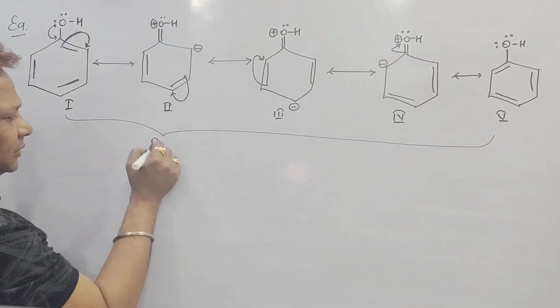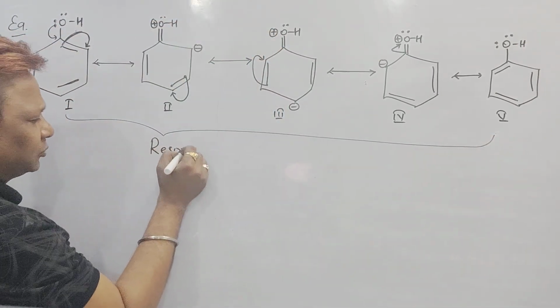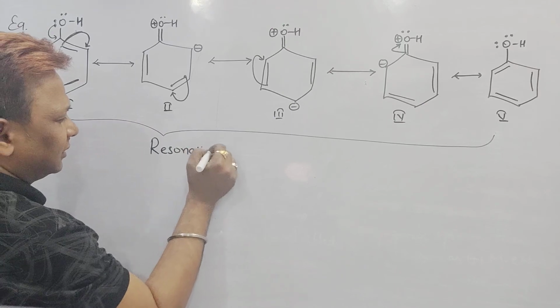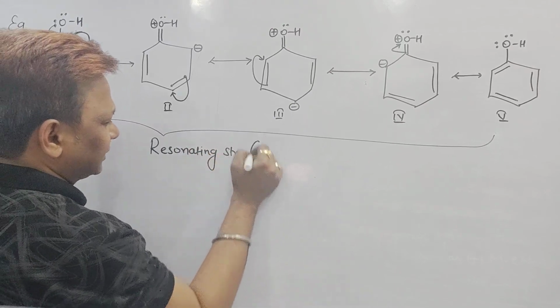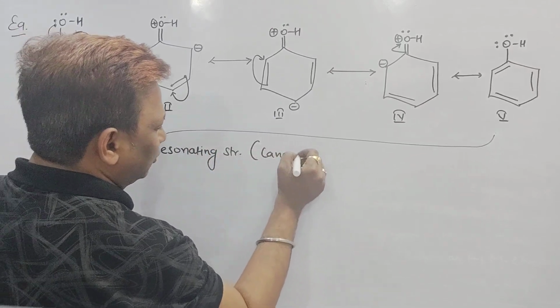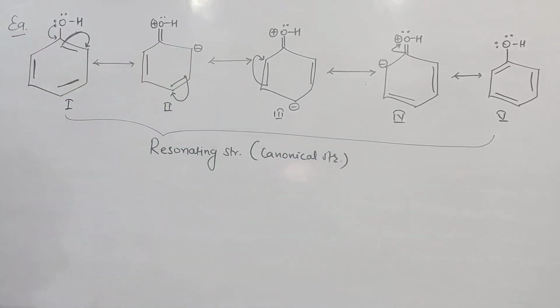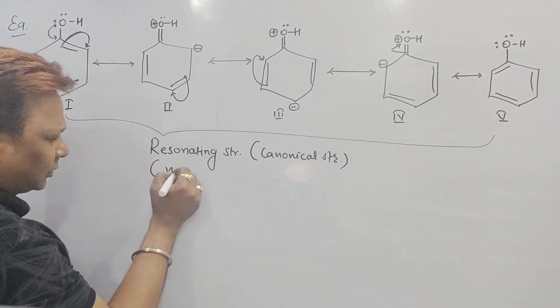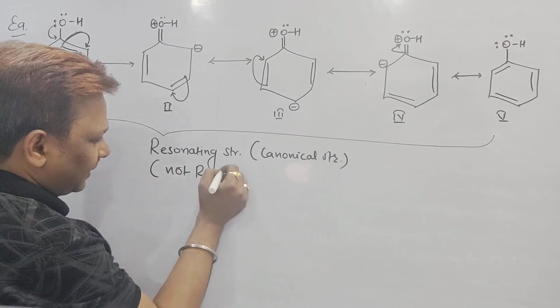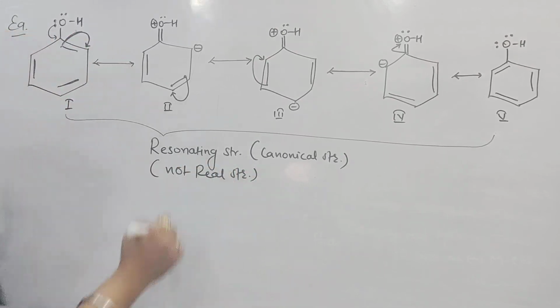These resonating structures are also called canonical structures. But these resonating structures are not the real structures, right?